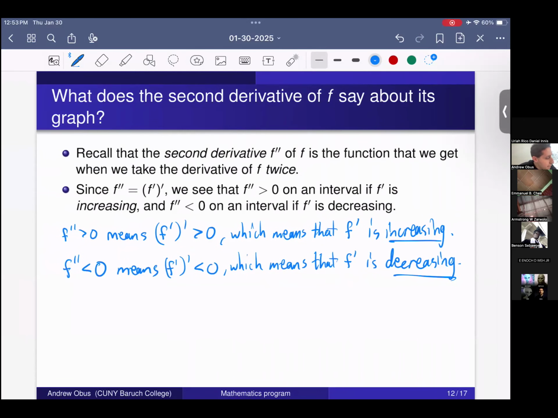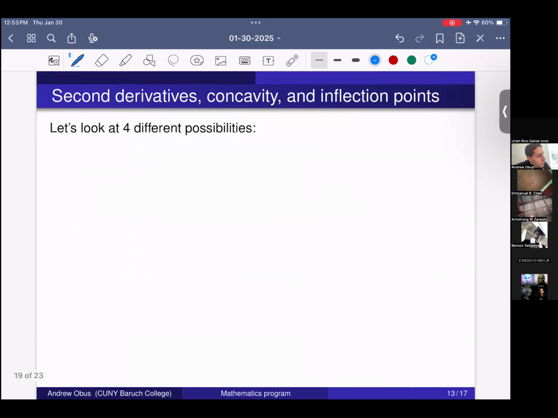So the last thing that we're going to do, let's look at, oh sorry, I'm getting echo. Okay, so let's look at these four curves. What's happening on these four curves? We've got four different possibilities. I've got my concave up here, my concave up over here, concave down here, and my concave down over here.